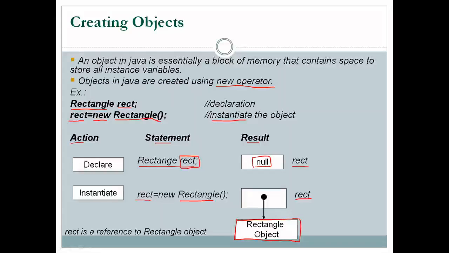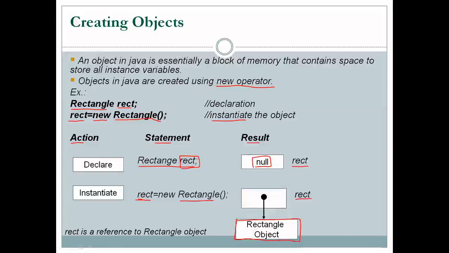So when you instantiate an object, memory is allocated to that object. When we declare an object, no memory is allocated. The object simply has a value that is null. But when we instantiate an object, memory is allocated and our reference variable rect points to that particular memory.